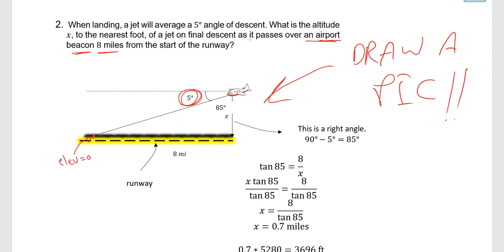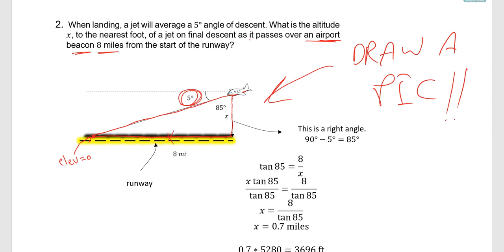So we can treat this as a triangle. This is one leg, and then the horizontal is one leg. And this is where the airplane is right now. It passes over an airport beacon, which is not as high as the airplane is flying, but it happens to give us this leg.